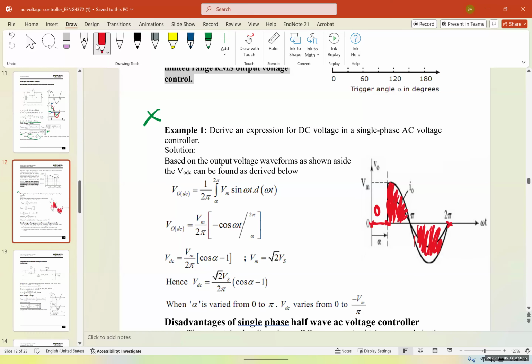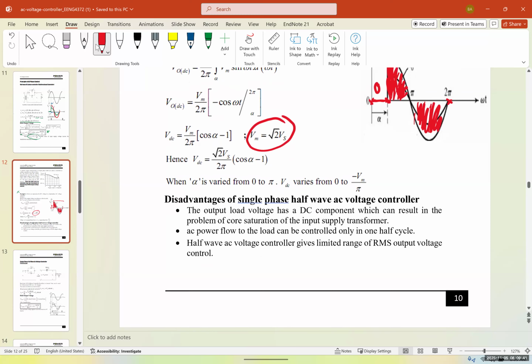Now, Vout DC, if we simplify the Vm sine of omega t, it gives us negative cosine of omega t from alpha to 2 pi. And therefore, VDC is going to be Vm over 2 pi times (cosine of alpha minus 1). We already know that Vm is square root of 2 Vs because it's a sine wave. And hence, the VDC is going to be square root of 2 Vs over 2 pi times (cosine of alpha minus 1).